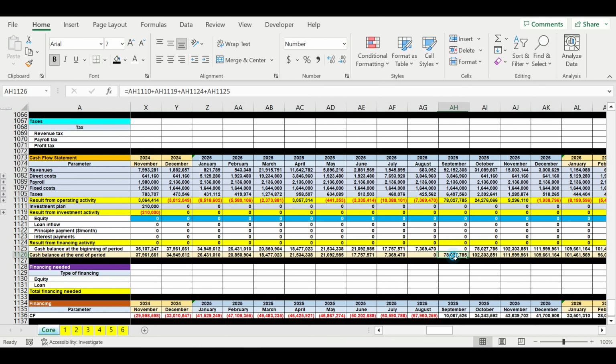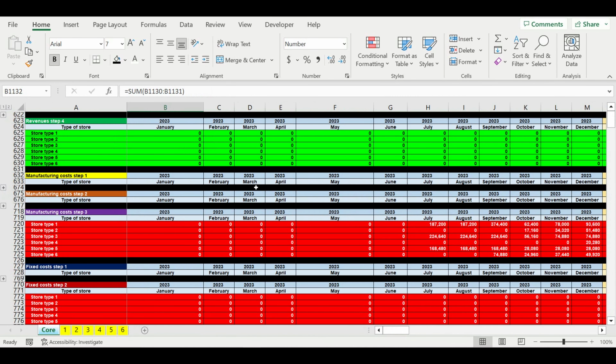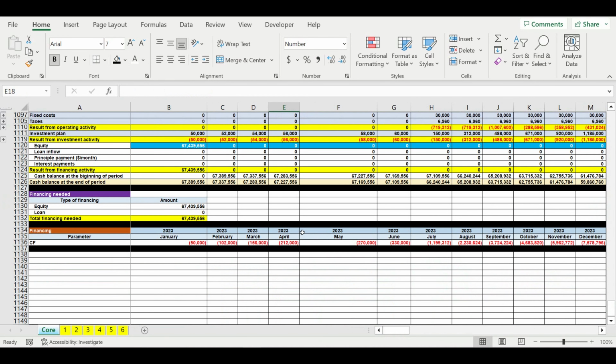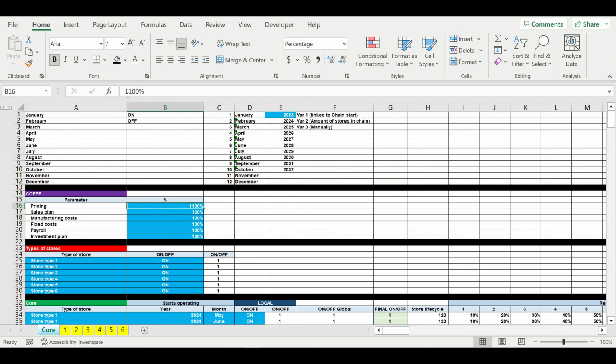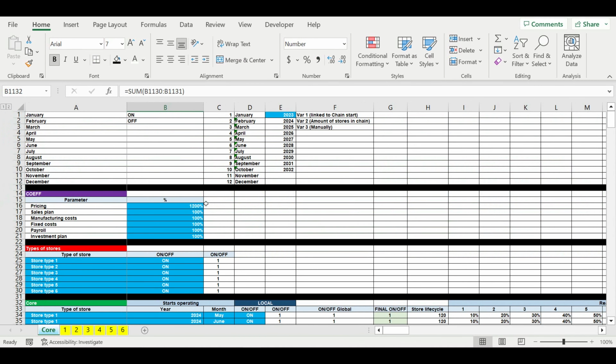Now, for example, if I want to increase the pricing, let's assume, just for example, I will be able to see these numbers changing.